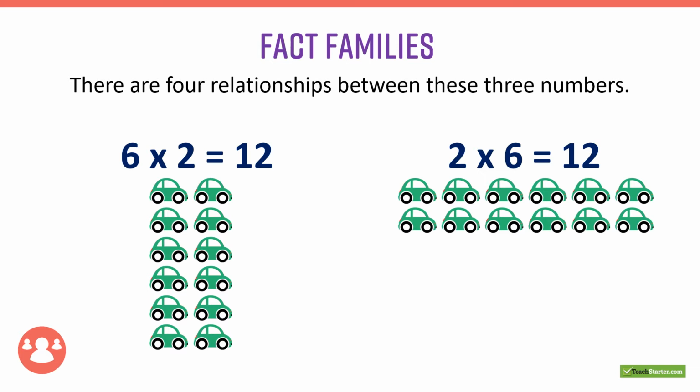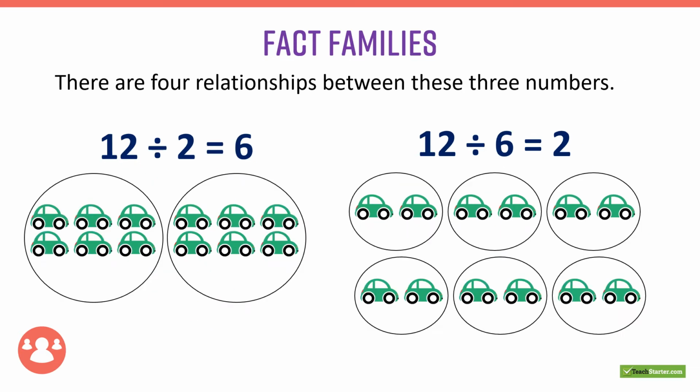Let's take a look at the division relationship. When we are looking at the division relationship, as you can see, we start with the largest number in our number sentence. So we look at how many we have in our array or our picture altogether, and that's our first number. So we know we have 12 cars.